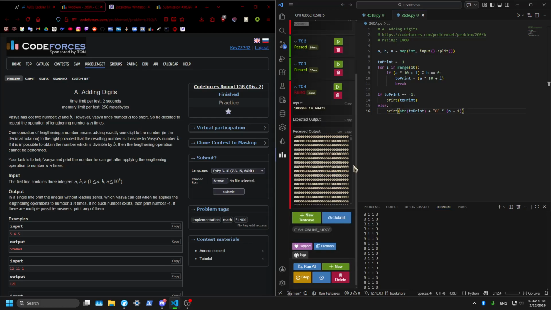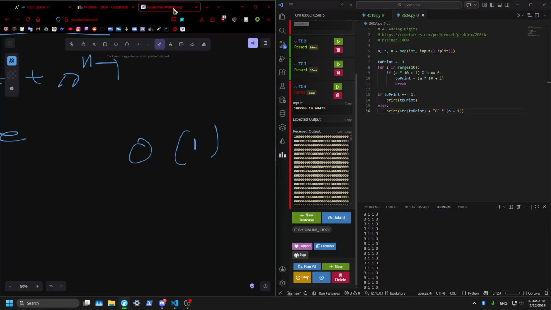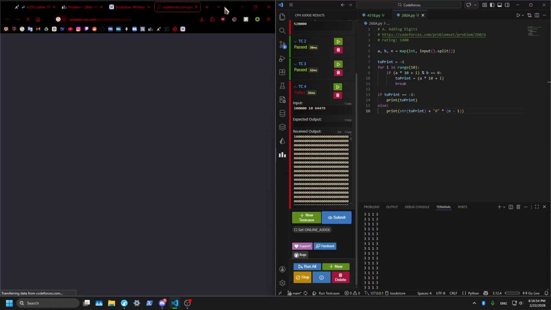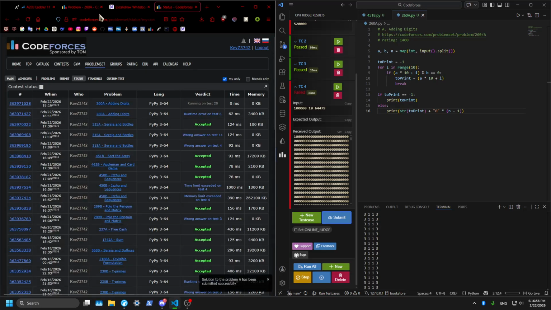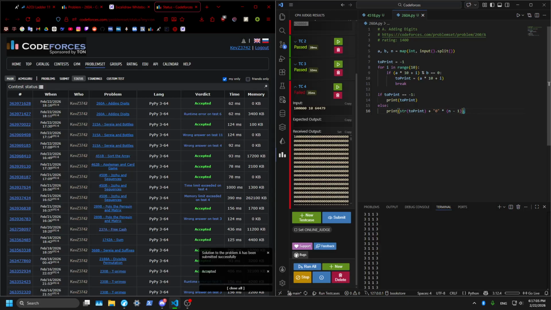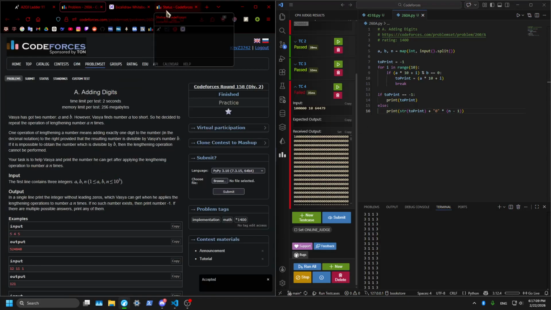That's a lot of zeros. But yeah, okay. We can try this submission. There we go. Smart. That's how we get past the integer limit. We're multiplying by 10.